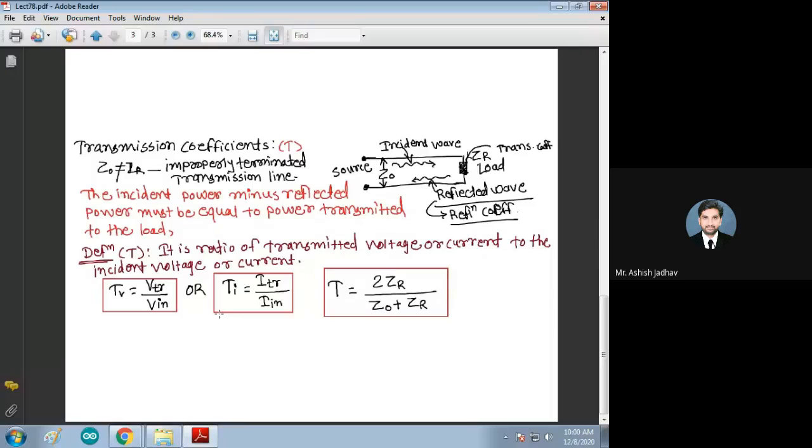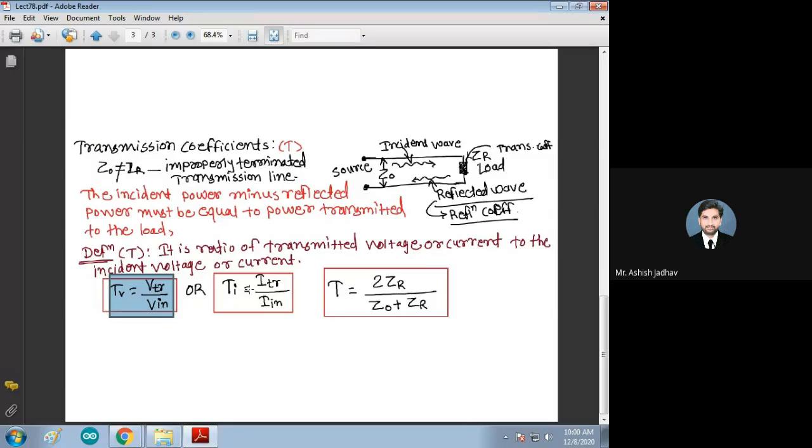Then we have studied another parameter called the transmission coefficient, denoted by capital T. Similar to the reflection coefficient, we have defined this transmission coefficient as well. The definition is, it is the ratio of transmitted voltage or current to the incident voltage or current. Mathematically, in terms of voltage, it is equal to Vtr upon Vin.